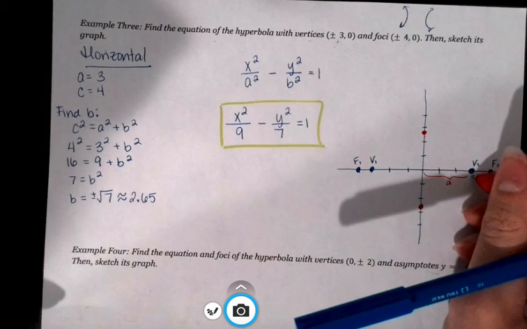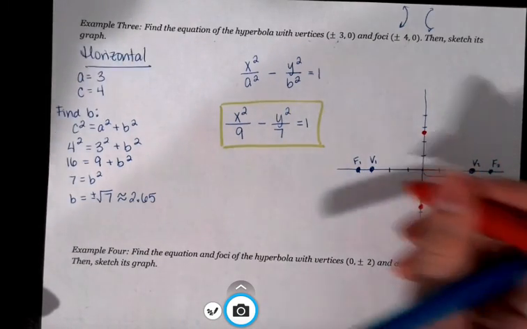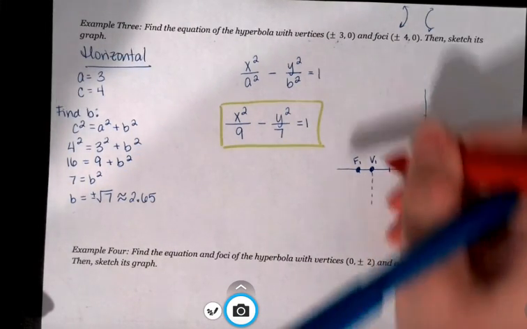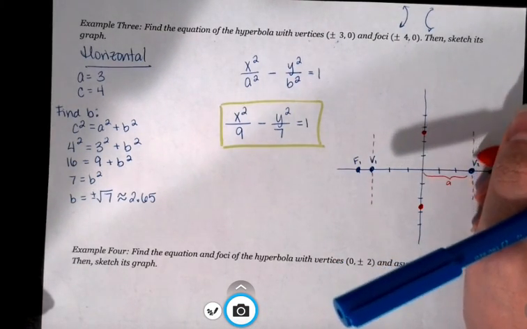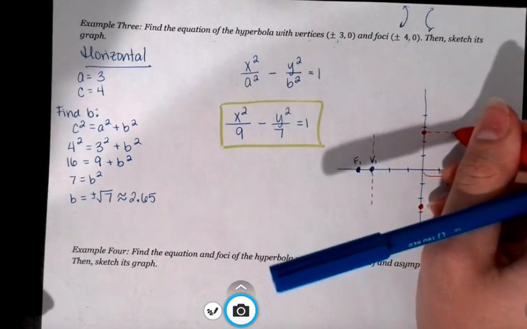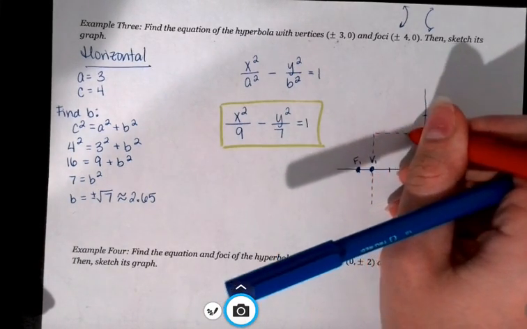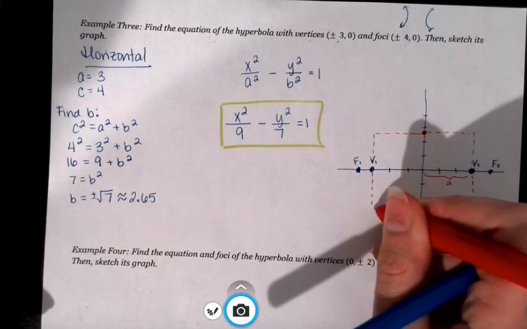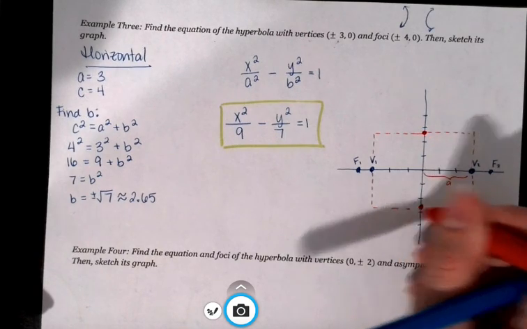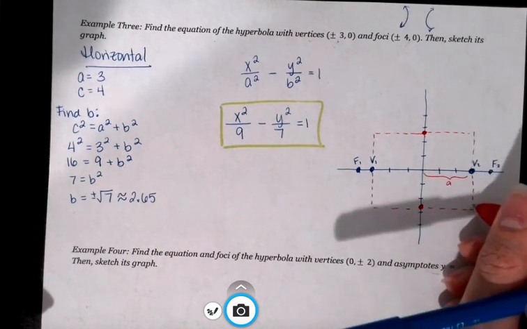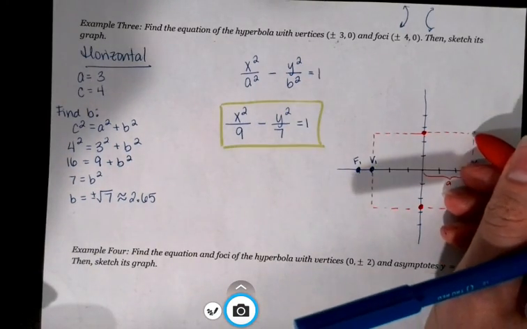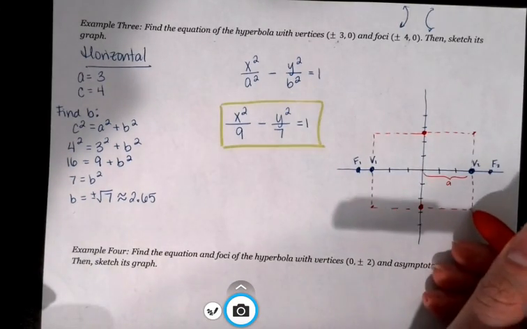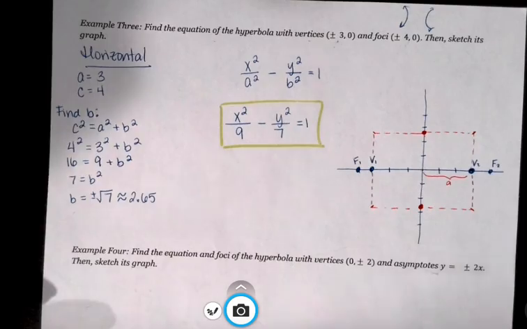So I'm going to go through my vertices. And then through those points to create my rectangle. Now I just have to make sure that it goes through the corner, and then corners on this side.